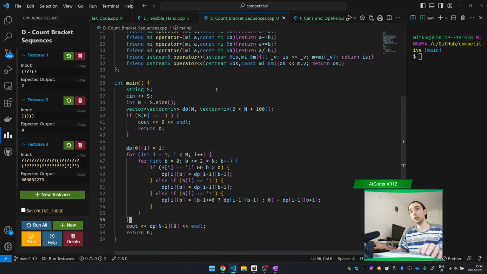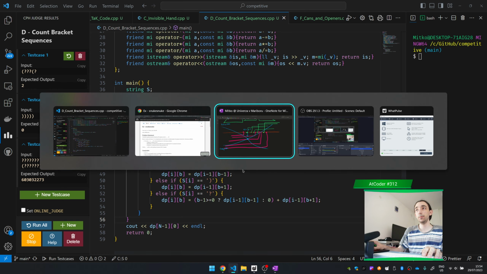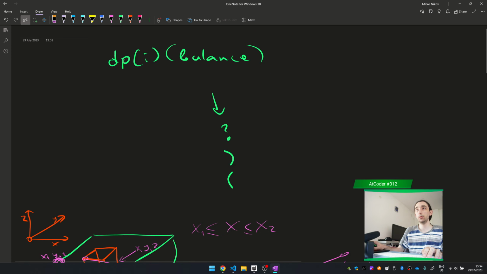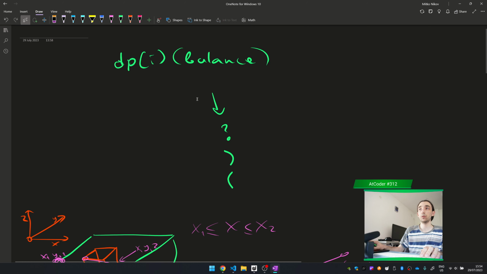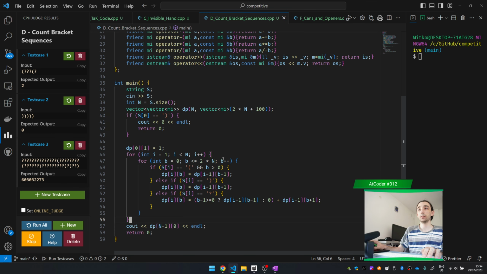For D, you just have to see this DP, where the DP state is what I wrote here: dp[i][balance] represents that I'm at index i and I have some balance up to index i, and it counts how many combinations are possible.